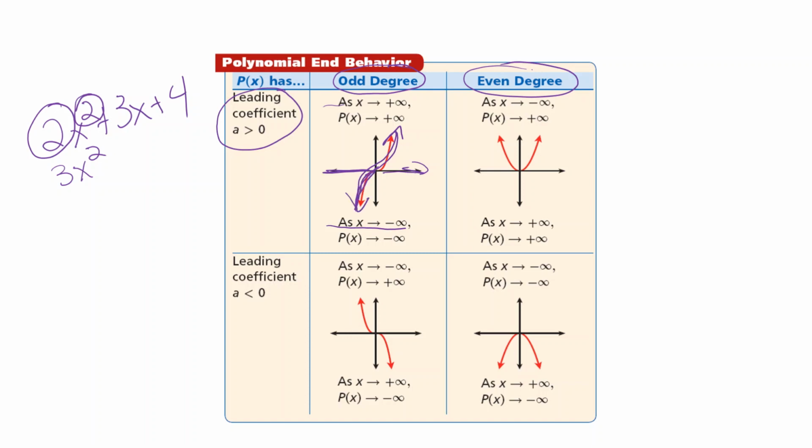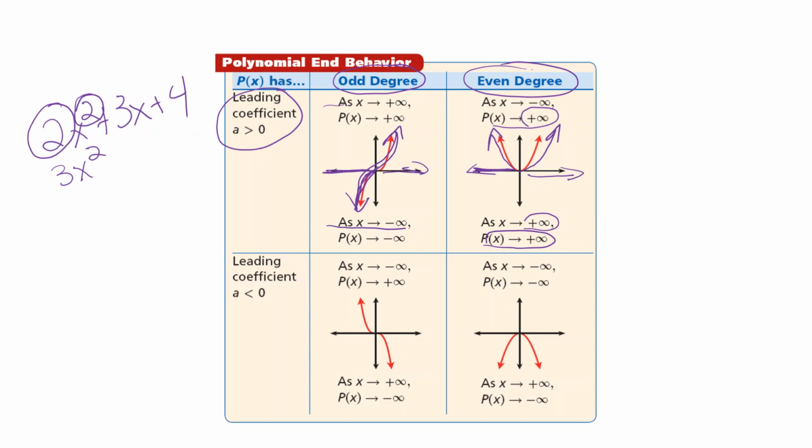If we have an even degree, as x approaches negative infinity, in this direction, notice that my function is getting more positive. It's got an arrow going up.